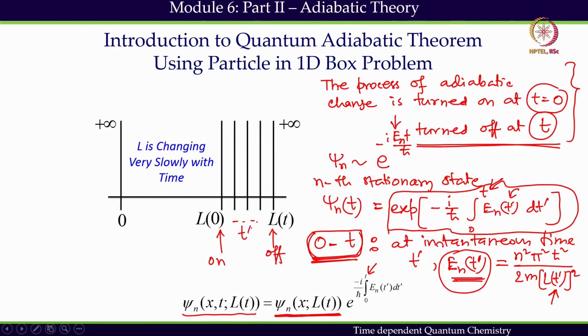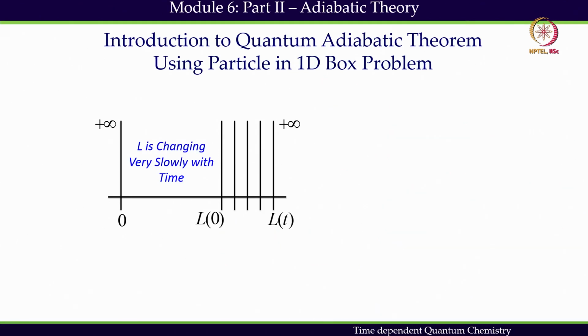Immediately after the adiabatic process is turned off, if I try to find the wave function of the nth eigenstate of the particle, it is going to be this, with the total accumulated phase given by this one. So each nth eigenstate wave function is accumulating a total temporal phase, and that is given by this expression.